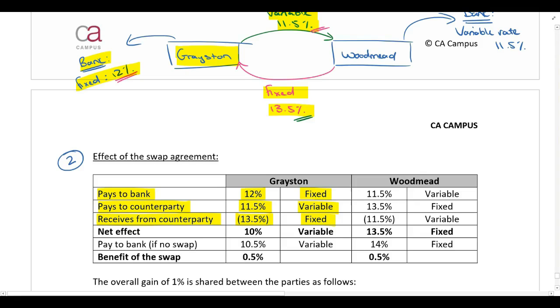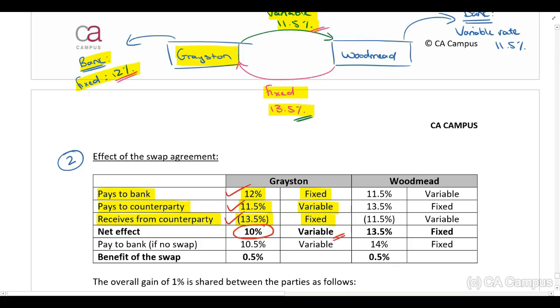So if we add this up, we have a fixed rate of 12% that they are paying, plus a variable rate of 11.5%, minus they are receiving a fixed rate of 13.5%. So if you perform that calculation on your calculator, you are going to see the net effect is a rate of 10%. So that's just 12 plus 11.5 minus 13.5. That leaves me with 10%.